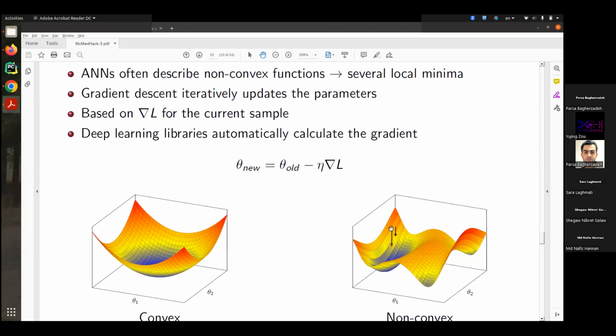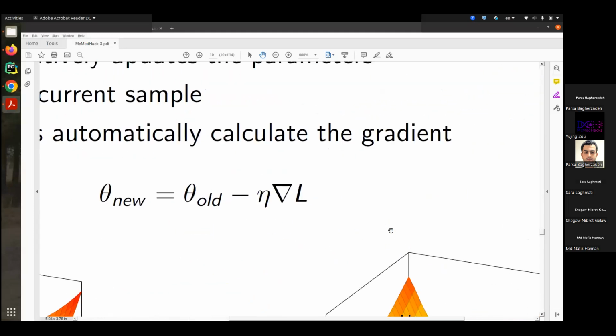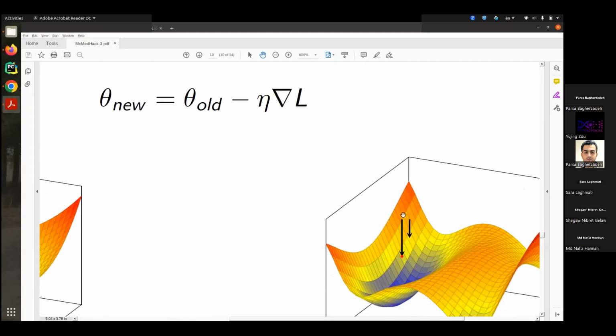Then with the step size, or what I call the learning rate, depending on how much we want to change and with what magnitude I want to change the current value, I can move on this surface. So here I can go down with a greater magnitude if I choose a greater value for this eta, which I'm calling the learning rate.